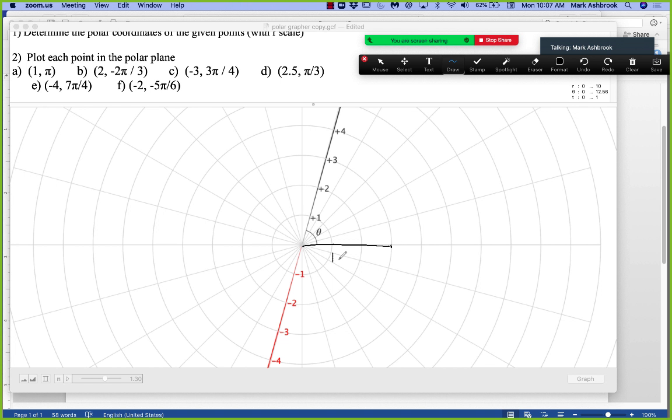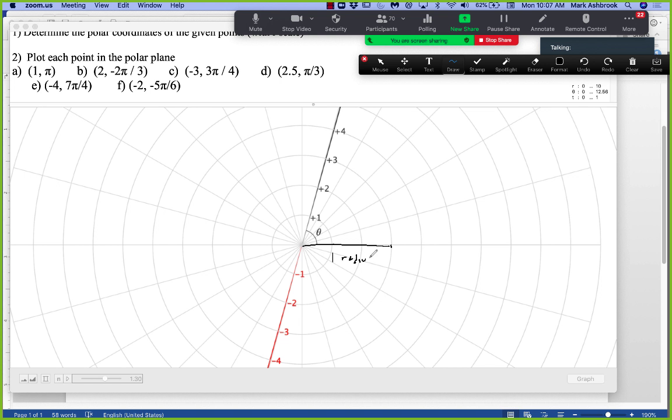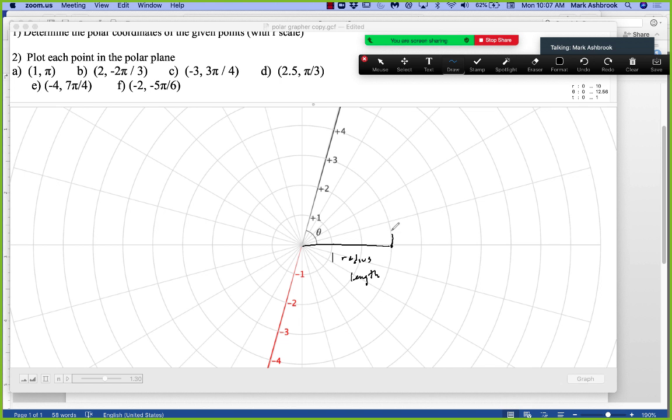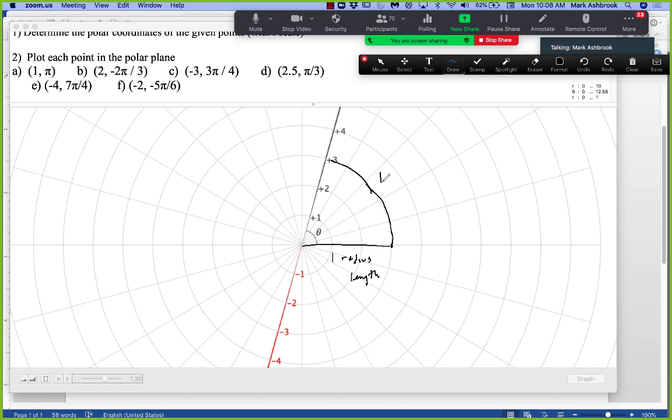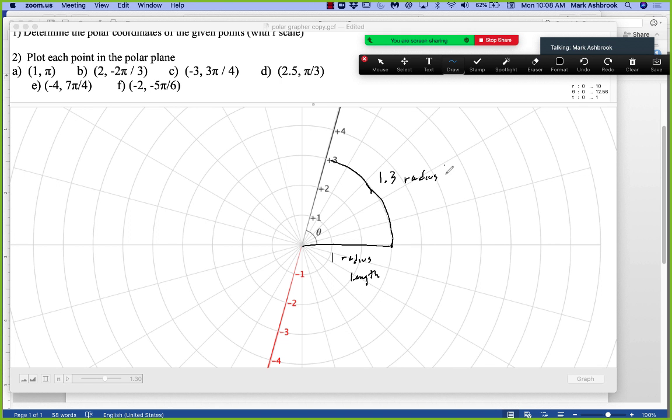So if this is one radius length, then if you do 1.3 radius lengths along the arc, that defines the angle measure of 1.3 radians. Does that clear it up?